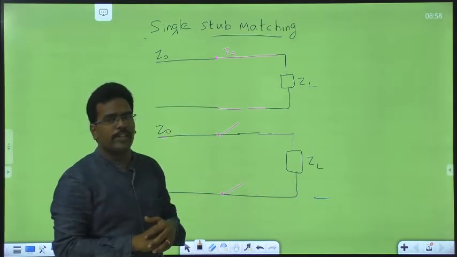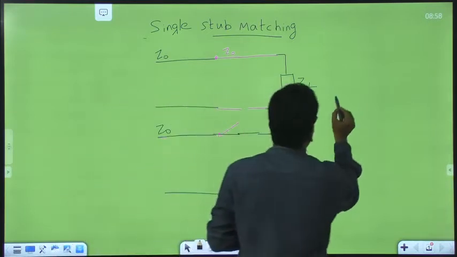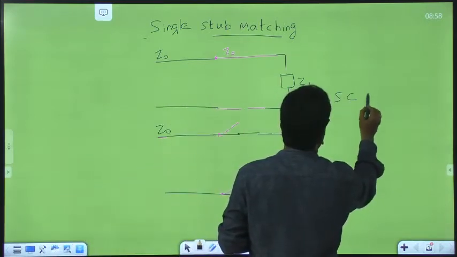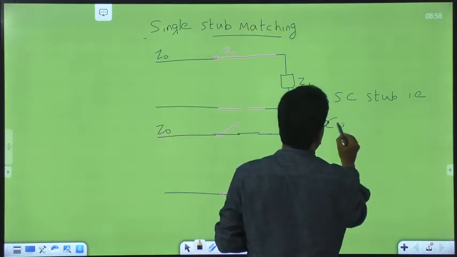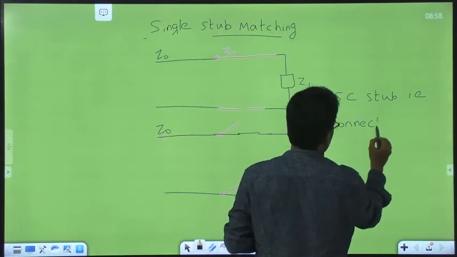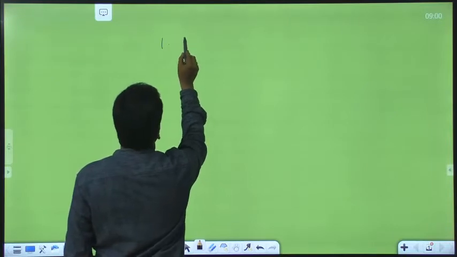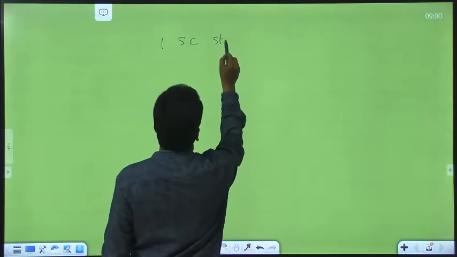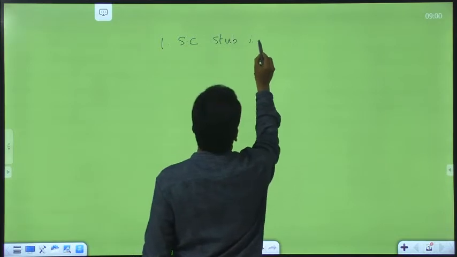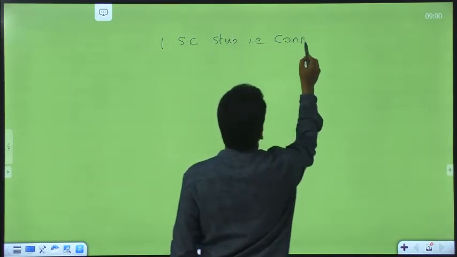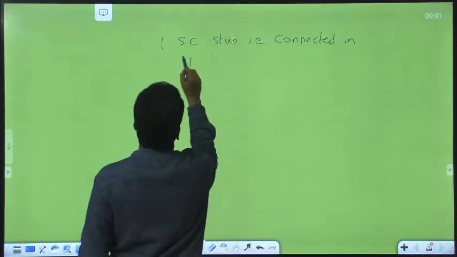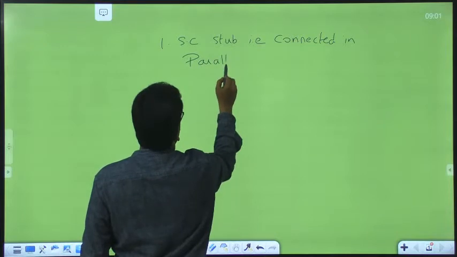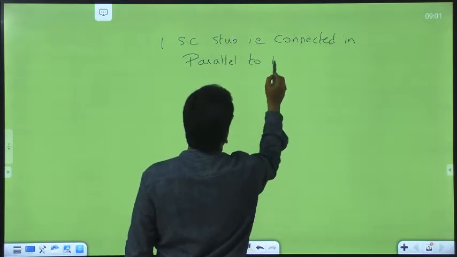Out of these four configurations, we are going to prefer a short circuited stub that is connected in parallel to the main transmission line.